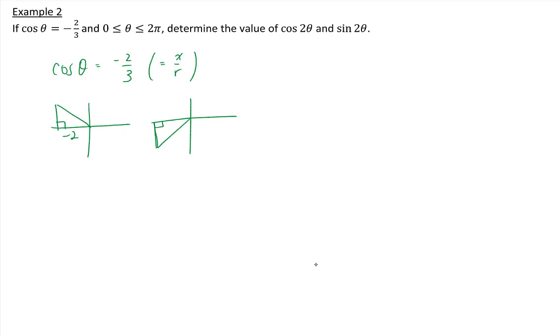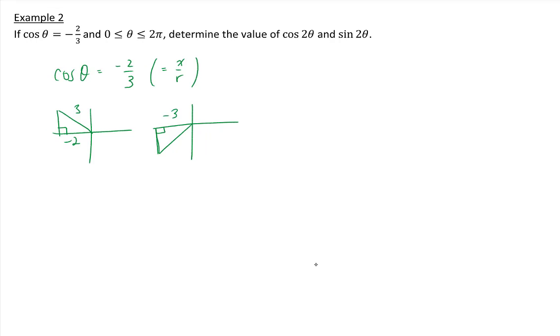So we have x and we have r. And all we're missing is the y value for us to get our sine ratio. Well, for both of these, we know that y squared is equal to the hypotenuse squared minus negative 2 squared, which gives us plus or minus the square root of 5.